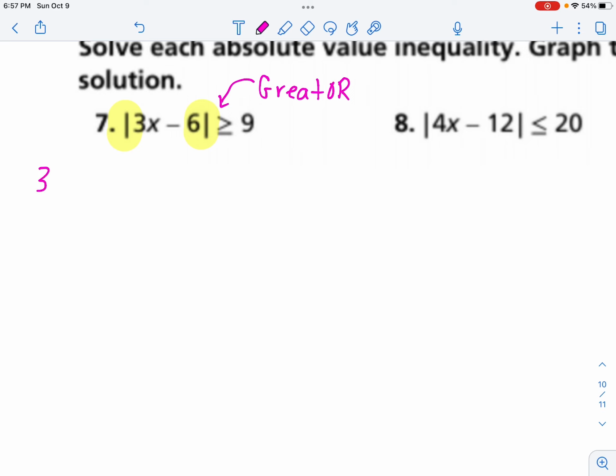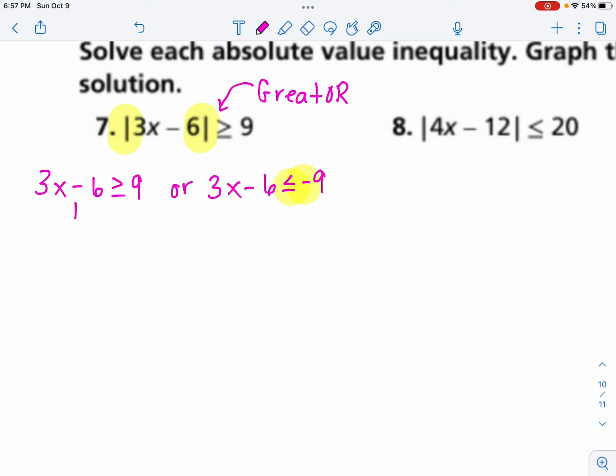So we have 3x minus 6 is greater than or equal to 9, or 3x minus 6 is less than or equal to negative 9, remembering that we had to flip the inequality and change the sign.